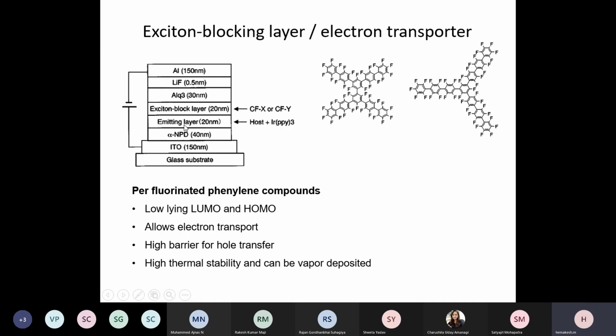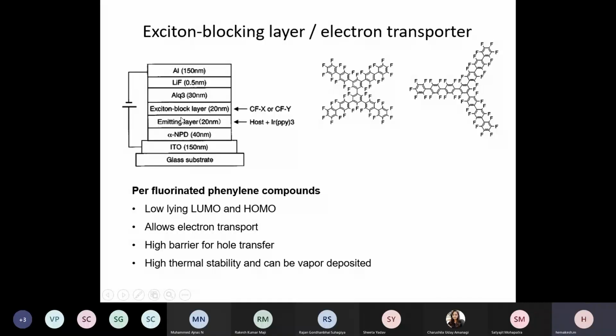So effectively, when the electron and hole are formed and you are blocking the hole more than the electron in this exciton block layer, it is giving the electron and hole more of an opportunity to make an exciton. So it is modulating.